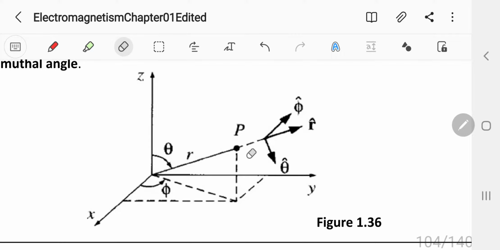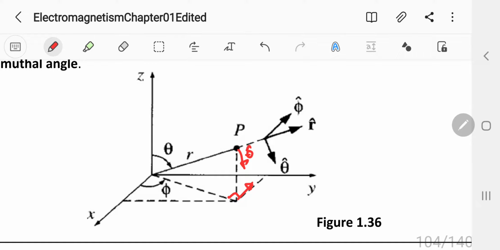If your P is here, your theta hat would be perpendicular to r. Your phi hat is measured here, and this should be perpendicular to this line.